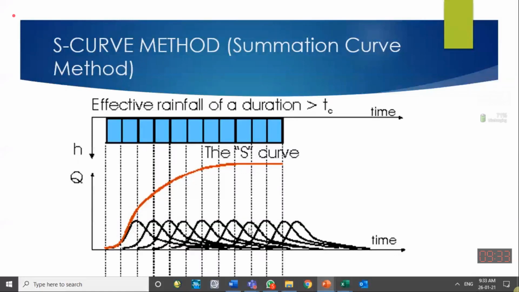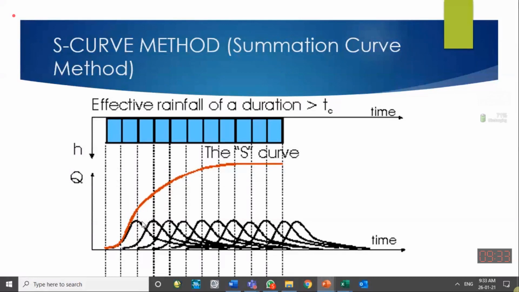So when a new hydrograph is added, the previous hydrograph effect is vanishing. That's why it becomes saturated, or stagnant at a certain level. At this point, whatever rainfall is coming to the catchment is reaching the outlet. So any further continuation of the rainfall does not increase the runoff at the outlet.